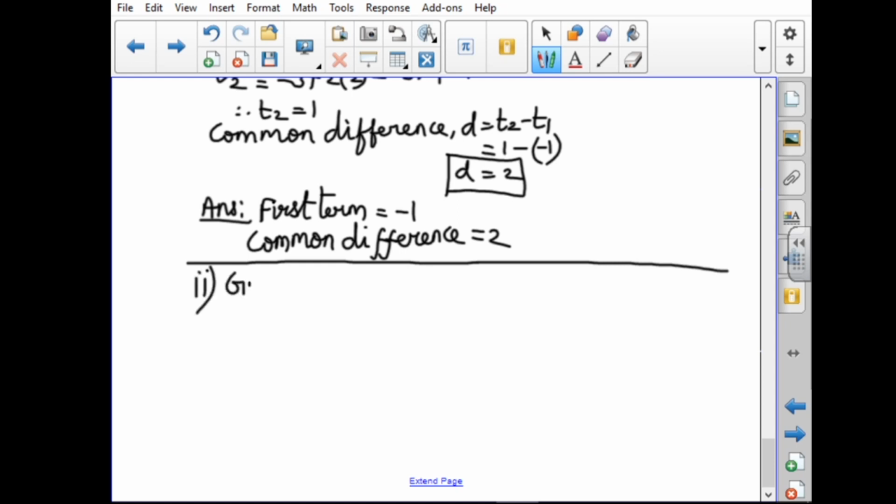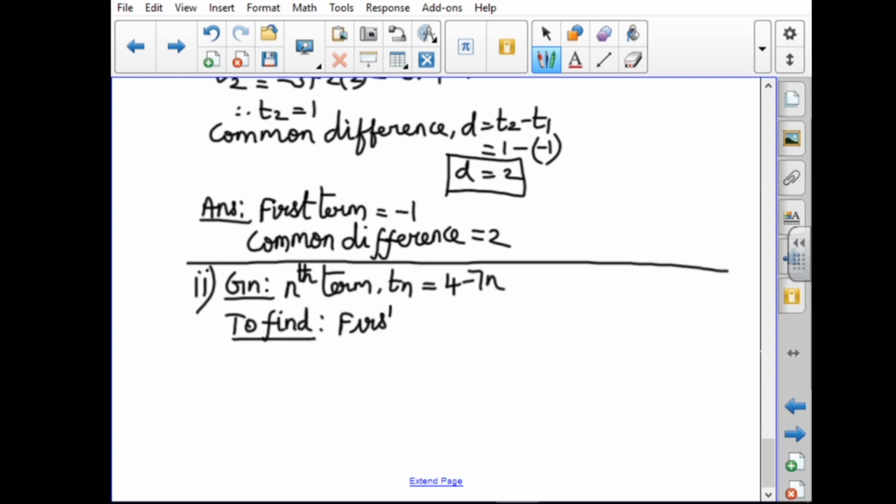Given nth term Tn equal to 4 minus 7n. To find the first term and common difference. To find the first term, that is A, and common difference D. Same procedure.